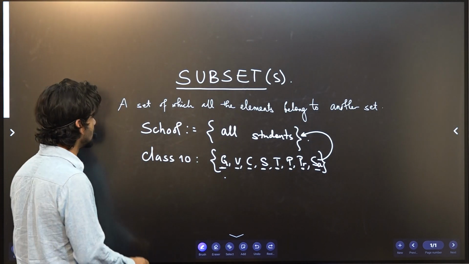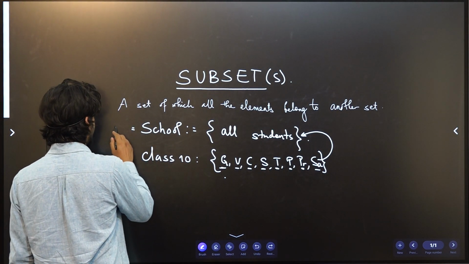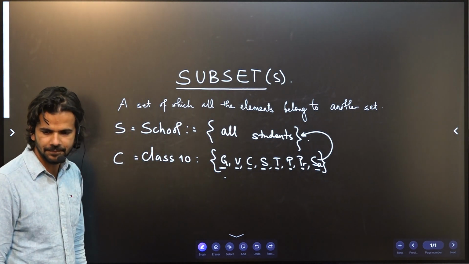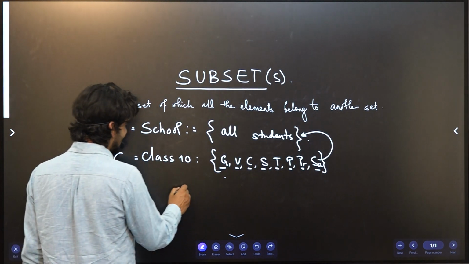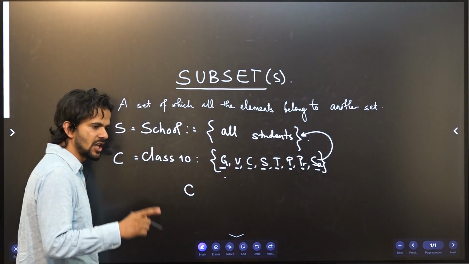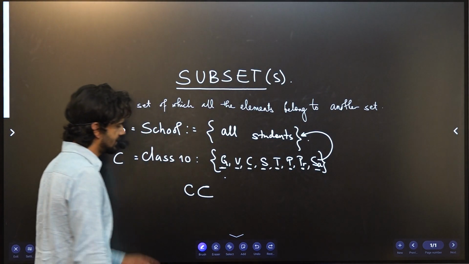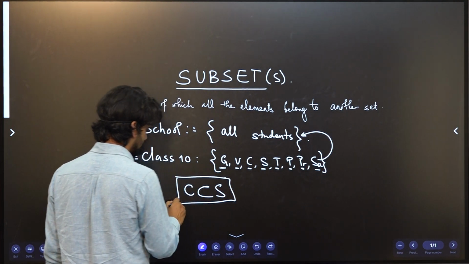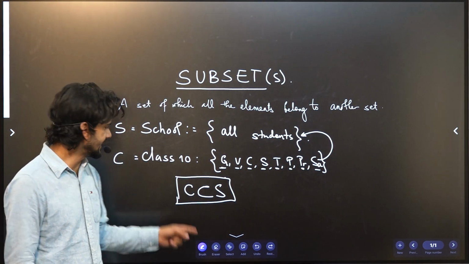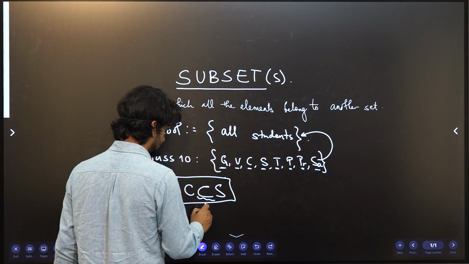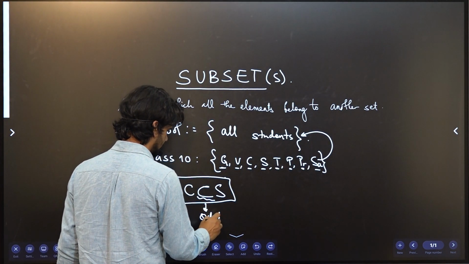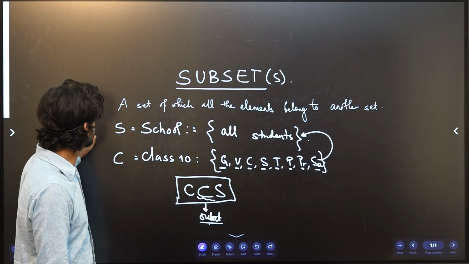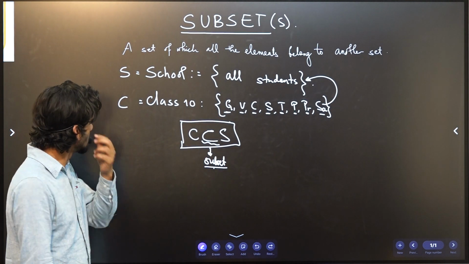That's the reason why, if I write the school set as S and the class set as C, I can say C is a subset of S. That's the sign for subset. All right? Make sense?